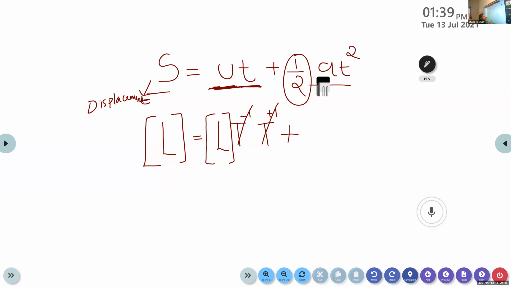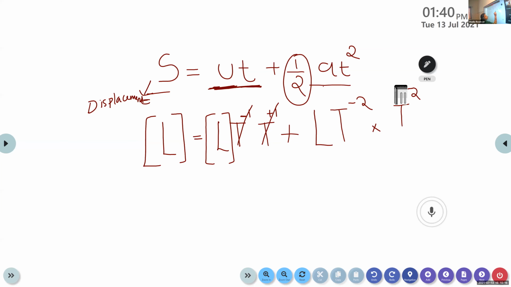What is the dimension of acceleration? The dimension of acceleration is L t raised to minus 2. Into, here we have one more physical quantity, that is time, t, two times, so we can take it as t square.